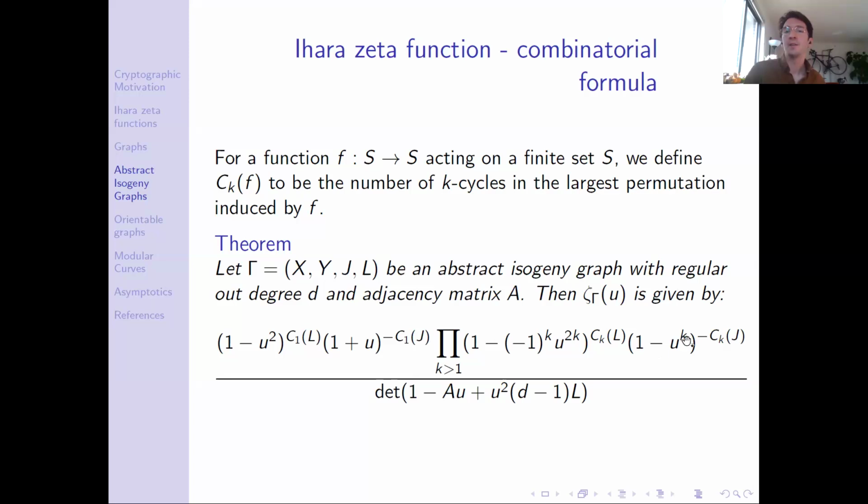And then the function over here gives you 1 minus u squared to the number of cycles of length 2, which is half the number of edges. When you put those two together, you end up with an Euler characteristic: the number of vertices minus half the number of edges.